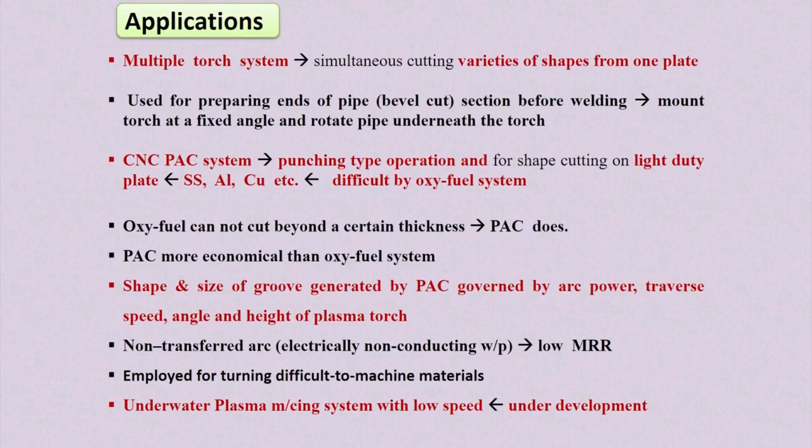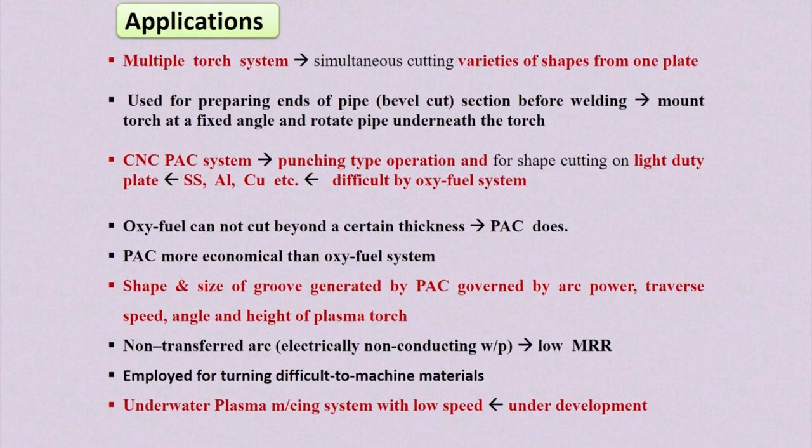Applications include a multiple torch system, used for simultaneous cutting of a variety of shapes from one plate. Instead of one torch you can use multiple torches. It is also used for preparing the ends of a pipe, bevel cut at a certain angle.